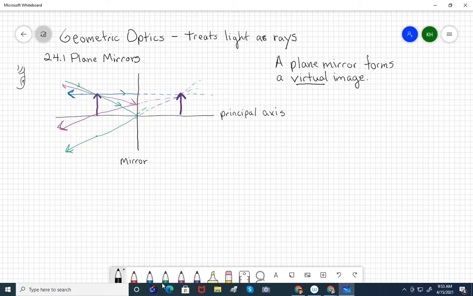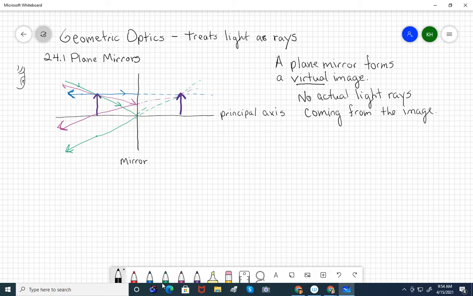In a virtual image, there are no actual light rays coming from the image. Your eye followed those rays back.